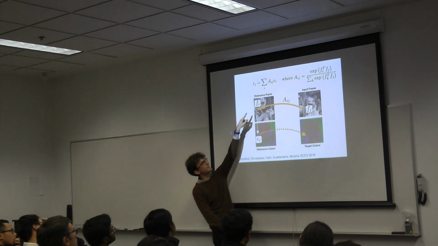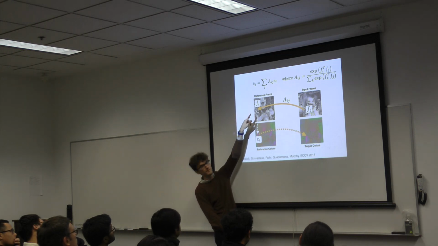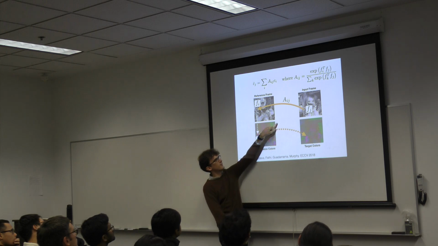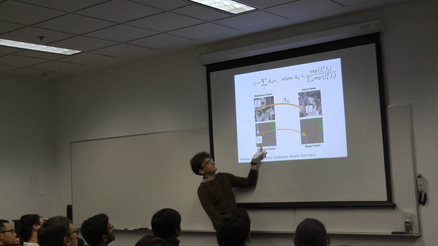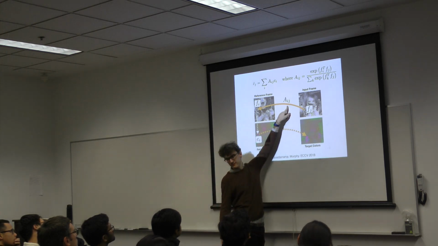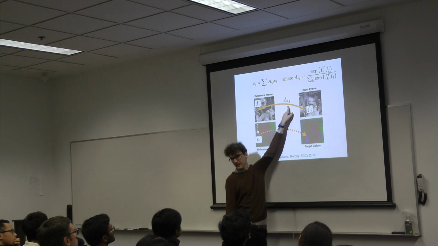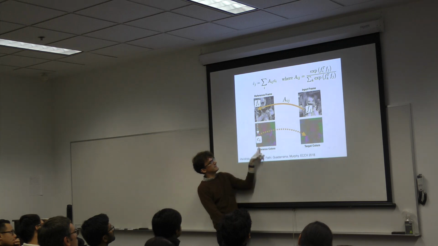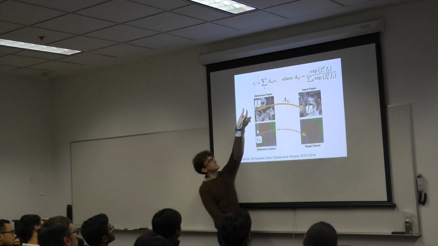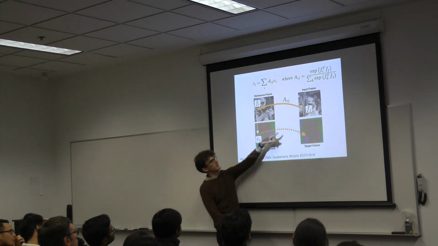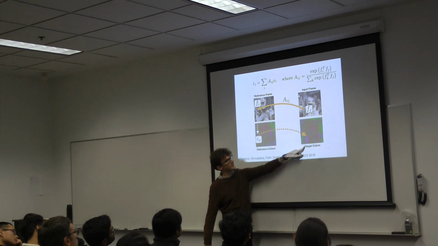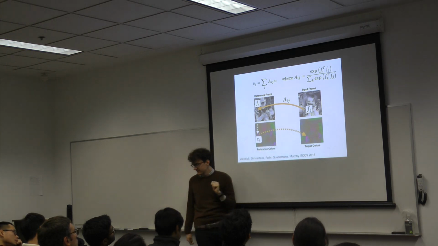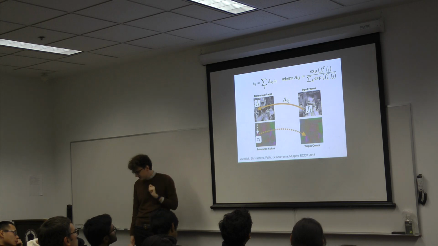And we're just going to write that as a linear combination of all the colors in the reference frame, weighted by the similarity matrix Aij. Okay? So Ci is going to be a color in the reference frame, and C hat j is going to be a weighted combination of all these for the target frame, weighted by Aij. Okay, so that's what the prediction for the color is going to be.